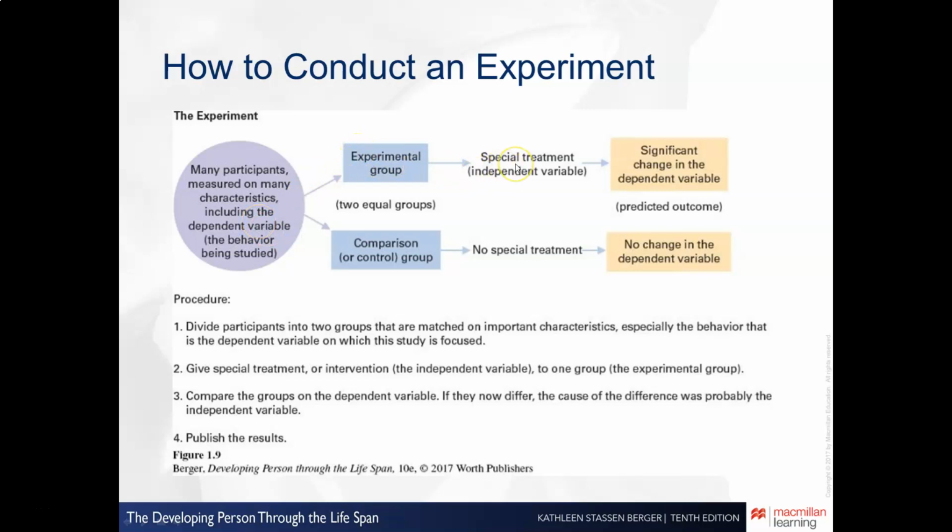They receive the treatment, remember the independent variable, and then they want to see if there's change in the dependent variable. That was the predicted outcome, that was the hypothesis. Whereas another part of the group will get assigned to what's called the comparison or control group. They are the ones that receive no treatment, and so they will hopefully have no change in their dependent variable.